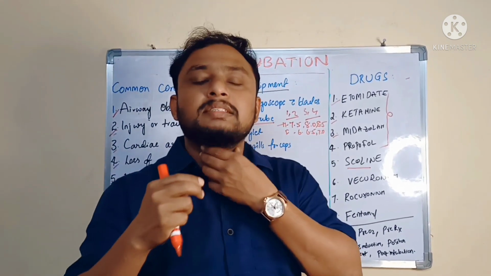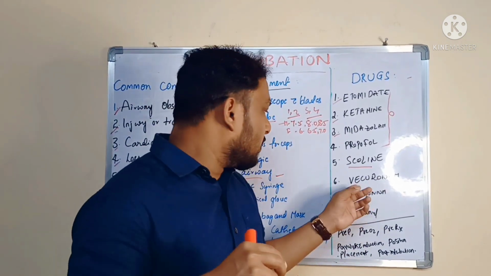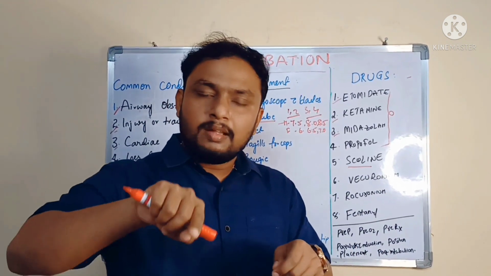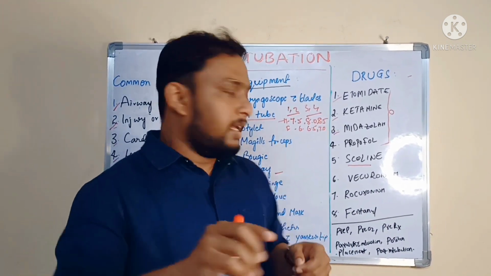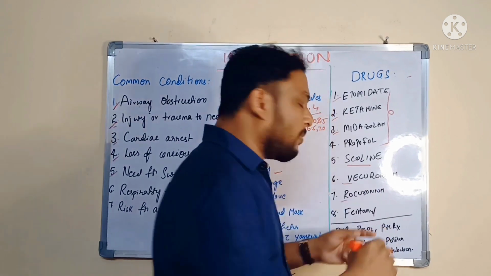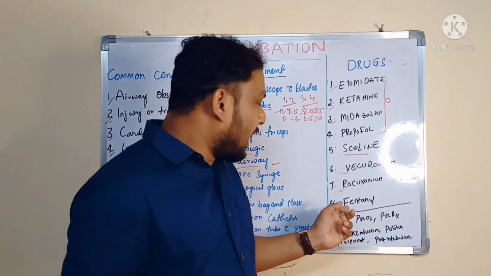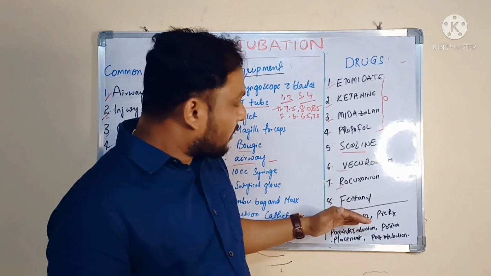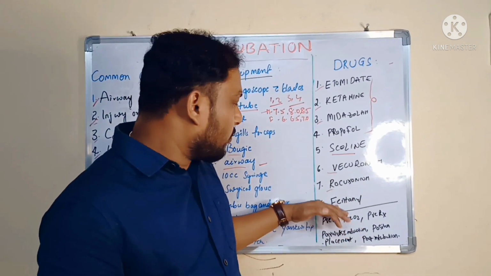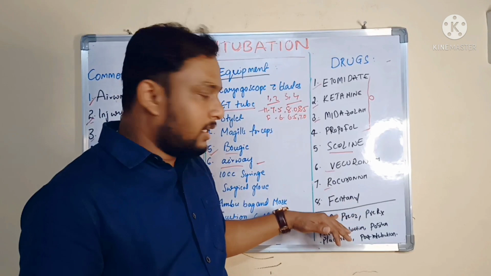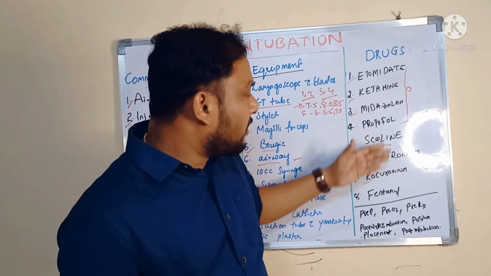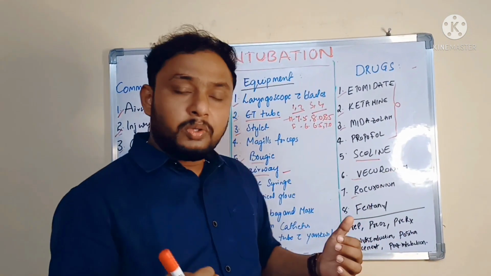It paralyzes the respiratory muscles and the neck, so that also allows the tube to pass easily. Vecuronium or rocuronium come under the same category. And fentanyl is an analgesic. After intubation, for management, we will connect this fentanyl drug also. So these are the commonly used drugs, and when to use them.